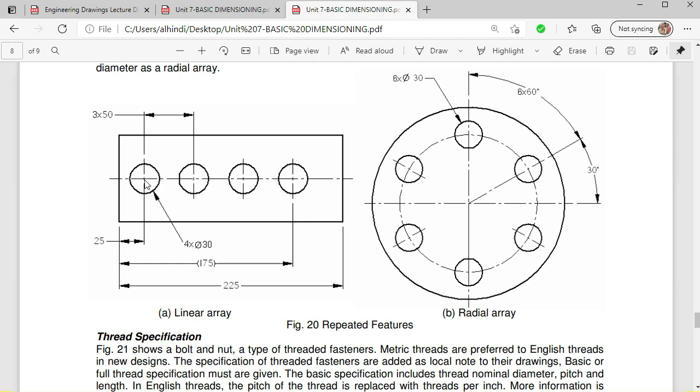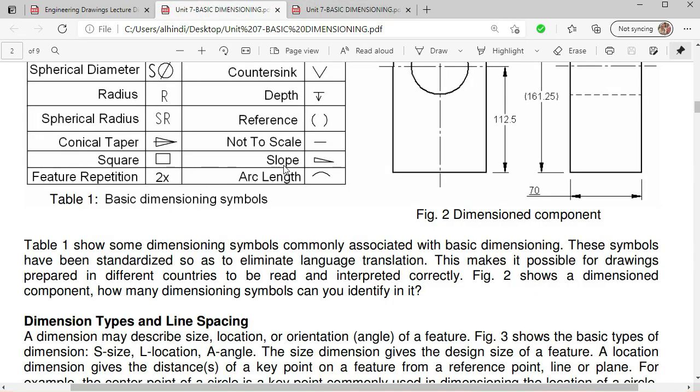And since there are 4 features, the distances between them will be 3. 1, 2, 3. If there will be 5, the distances will be 4, or you can say less 1. So we have written this as 3x50 for the distance. So this is the feature repetition.